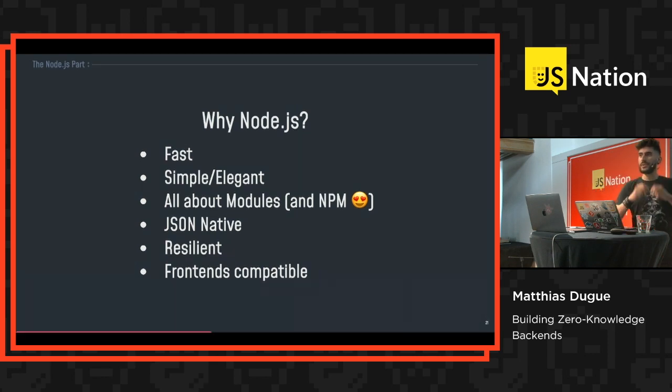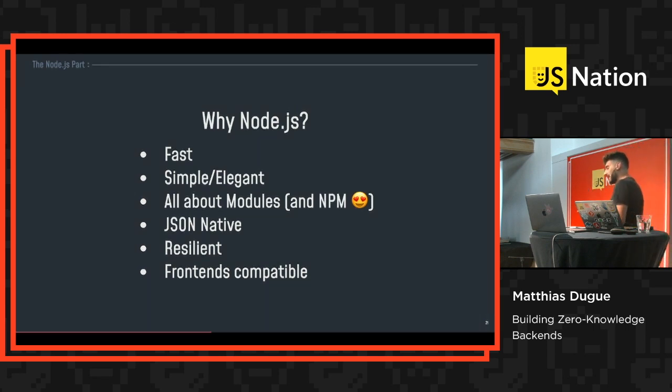Because it's pretty elegant, because we've got the modules, because we've got our lovely NPM registry, and we are able to aggregate some blobs of code to build some complex application in a snap, because it's JSON native, and what's best to deal with JSON data than the language that invented JSON? So cool.